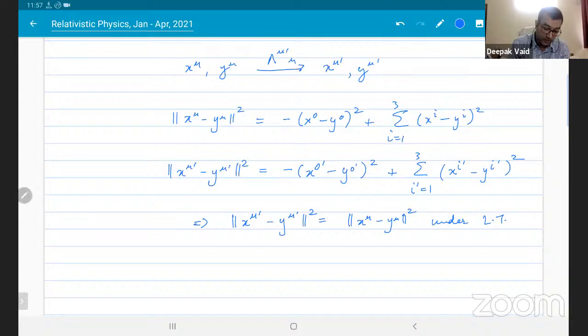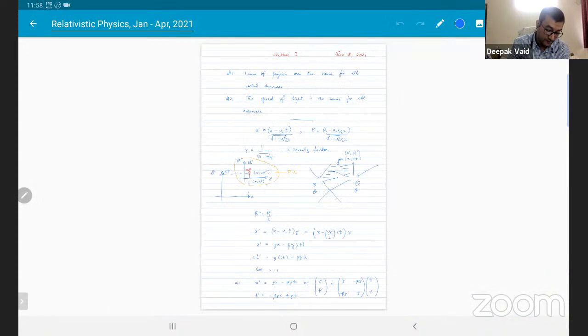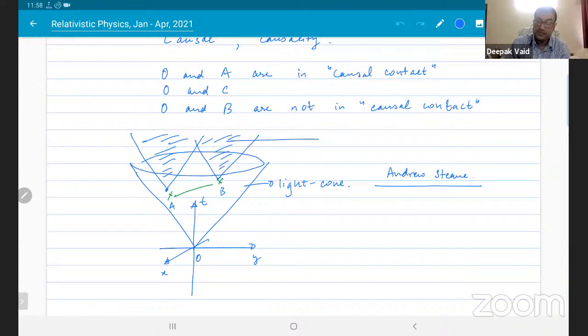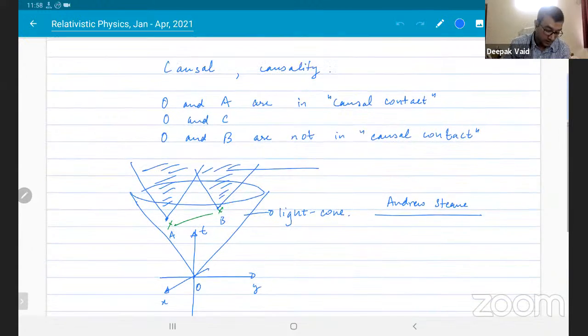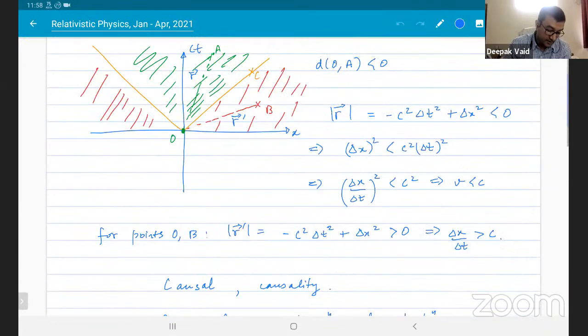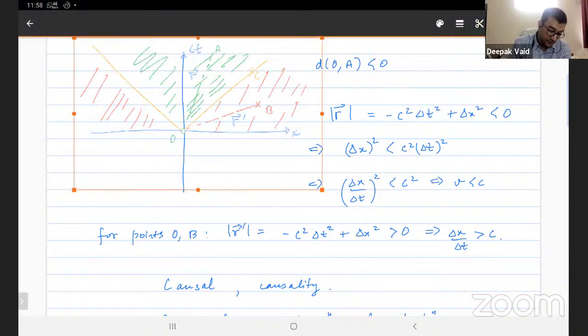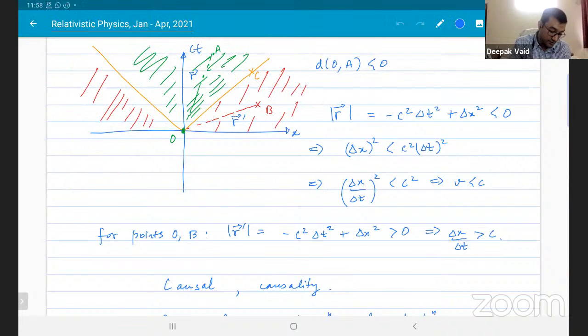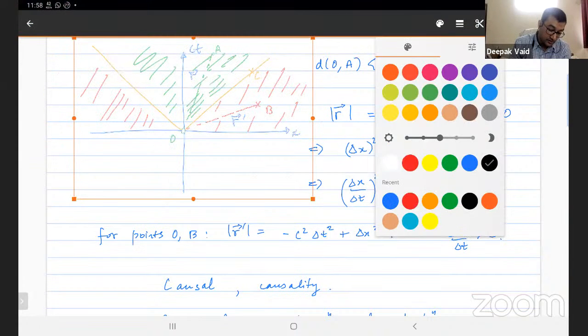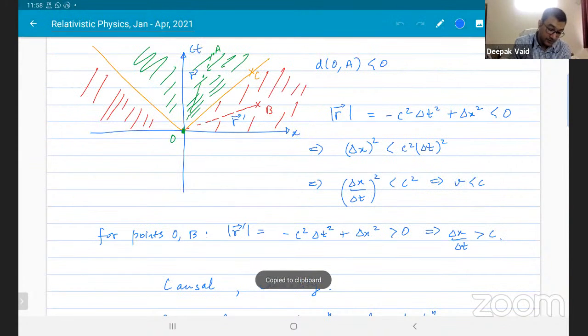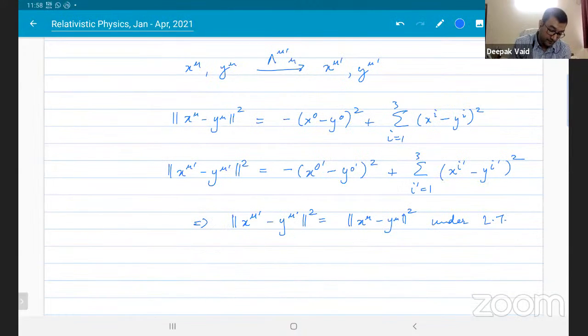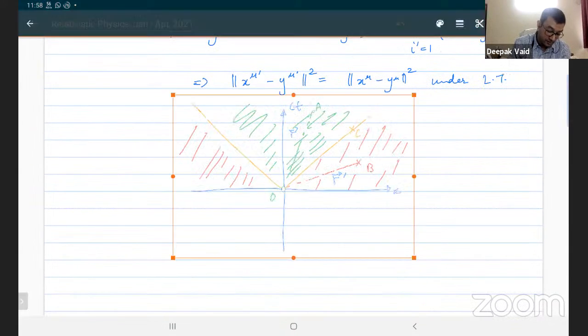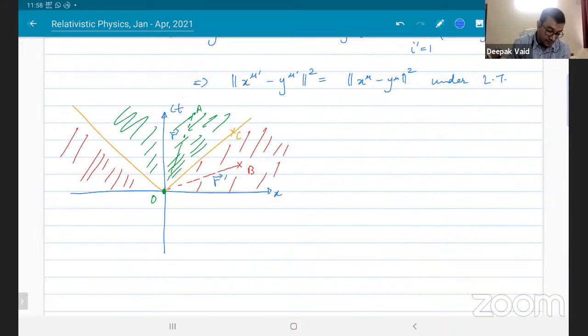And this is a very important point, because what it means is that, let me try to illustrate this using a space-time diagram. Right.